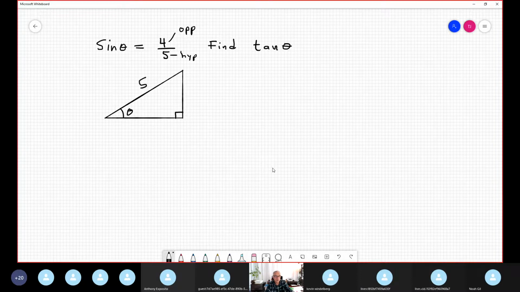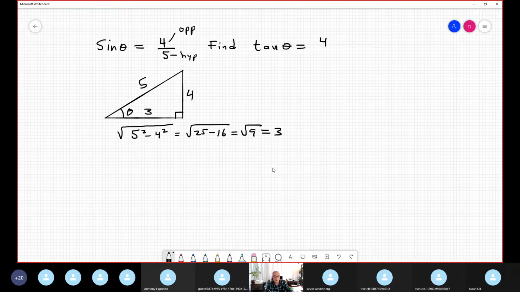Hypotenuse 5, opposite is 4. I need to find the adjacent: the square root of 5 squared minus 4 squared, using Pythagorean. 25 minus 16 is 9, and the square root of 9 is 3. So this segment is 3. And tangent by definition is opposite, which is 4, divided by adjacent, which is 3. And this is the answer.